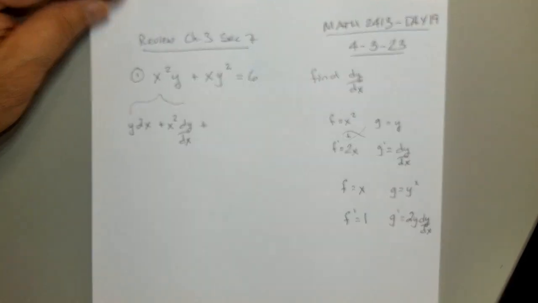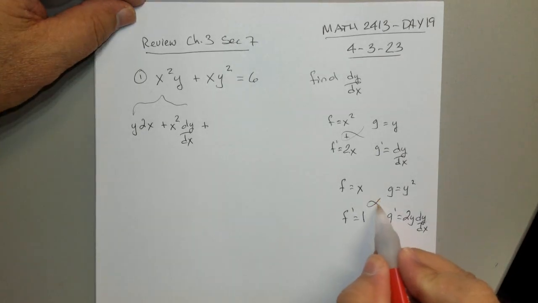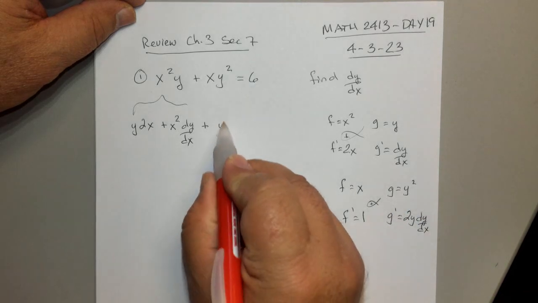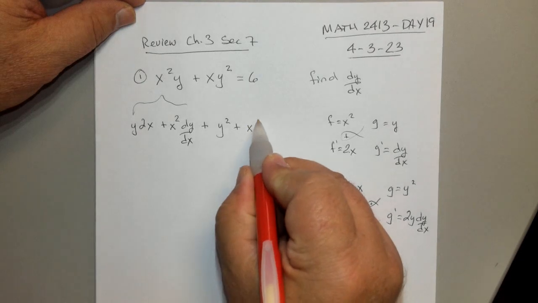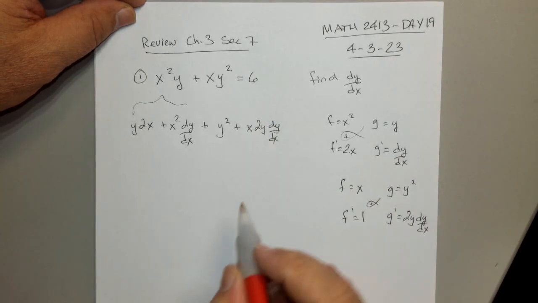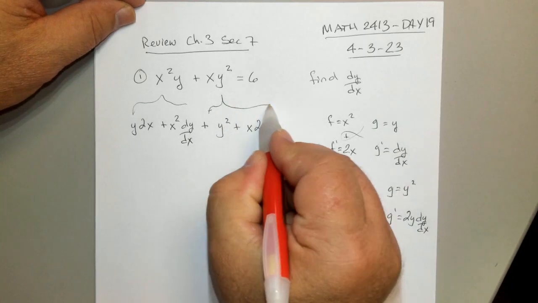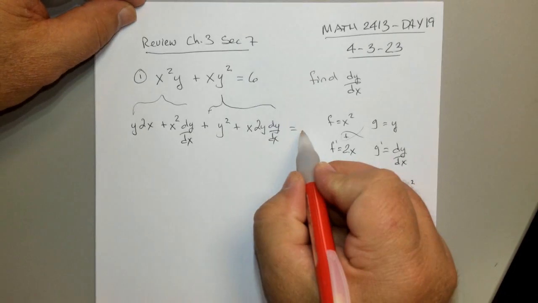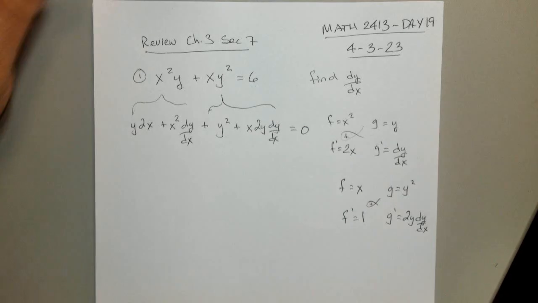Anytime you take a derivative of y, put a dy dx behind it. We have y squared times 1 plus x times 2y dy dx. It's that part. Equals the derivative of 6, 0. The derivative of any constant is 0.